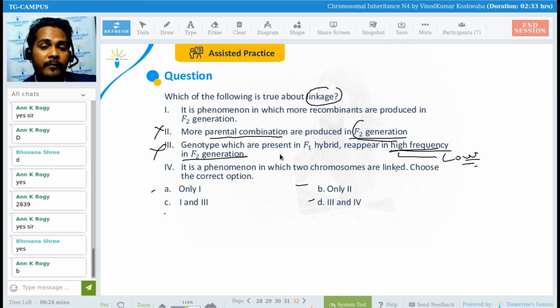It is a phenomenon in which two genes are physically linked, not that two chromosomes are only linked. They are physically linked, so that is linkage. So these three statements are wrong. Only the first statement is the right one, because it is a phenomenon in which more recombinants are produced in the F2 generation. Clear?